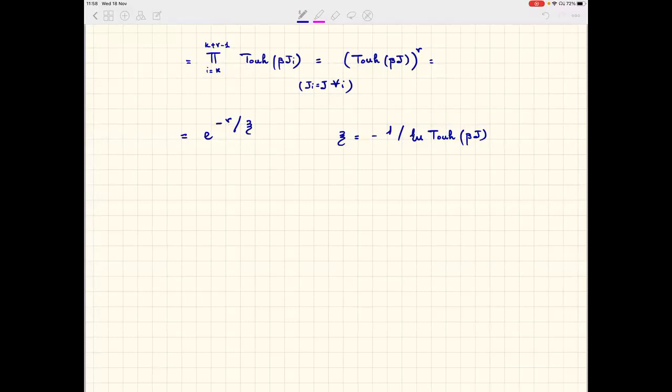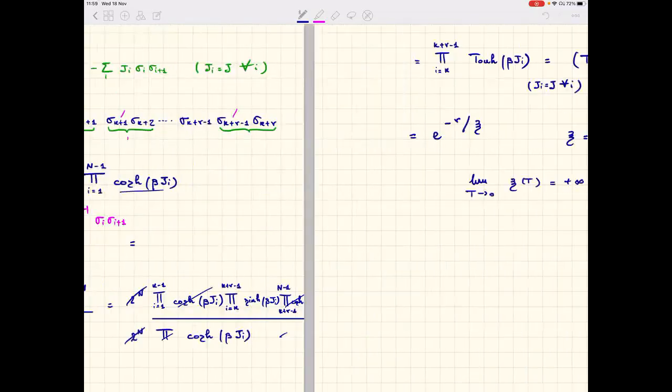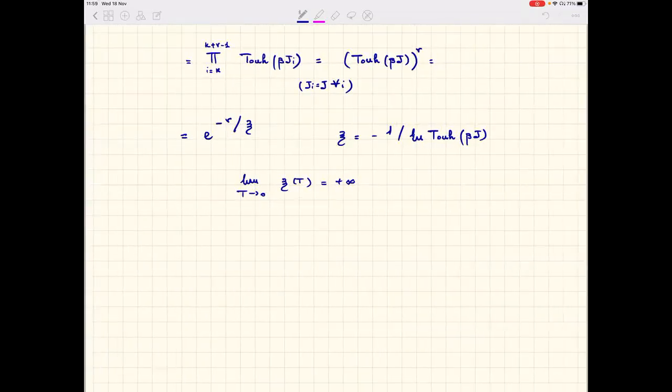Are there any questions about this? So it diverges as t goes to 0. The limit for t going to 0 of chi is equal to plus infinity, because the logarithm of the tangent is 0. Why is it not minus infinity?